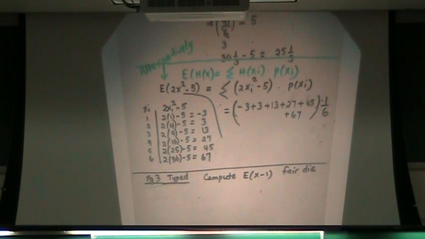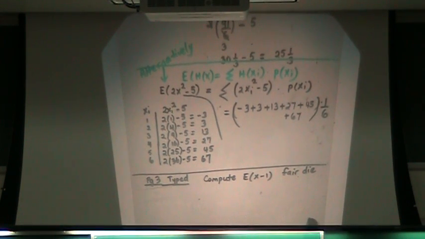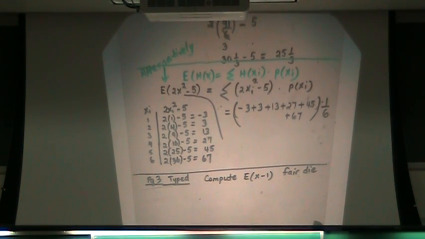Everybody knows how to do this? Did I do it the long way like this, or do I do E of X minus E of 1? Which way did you do it?